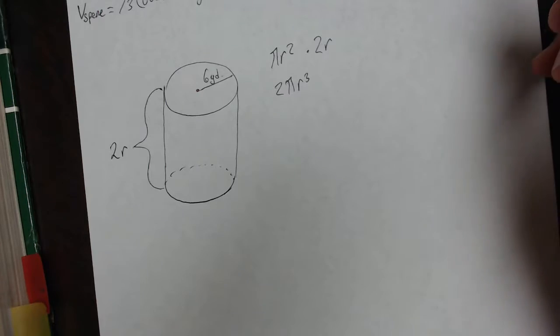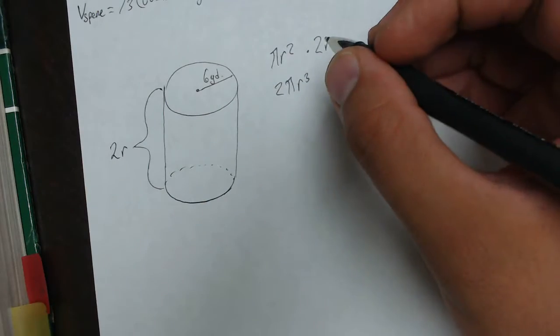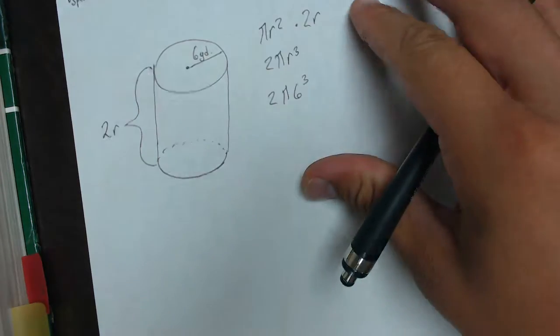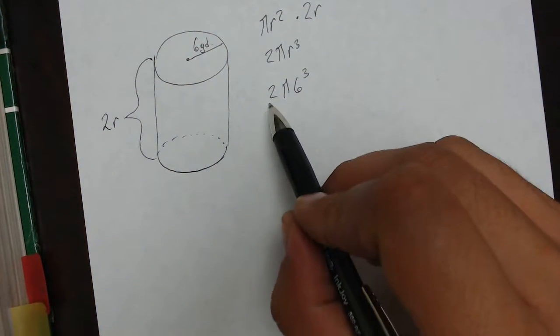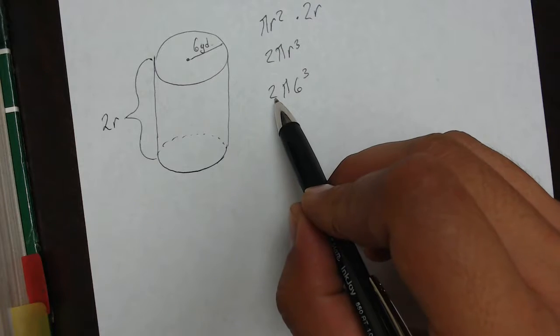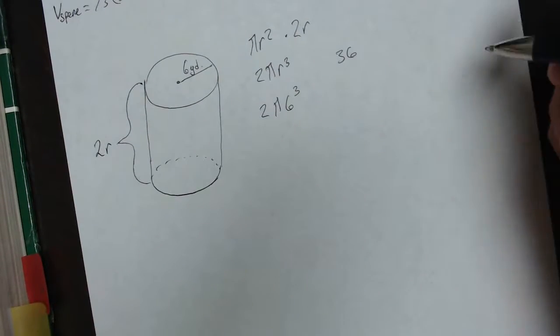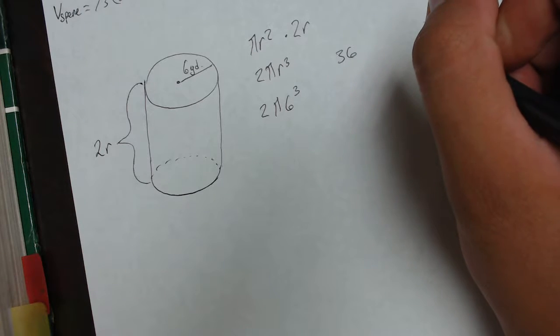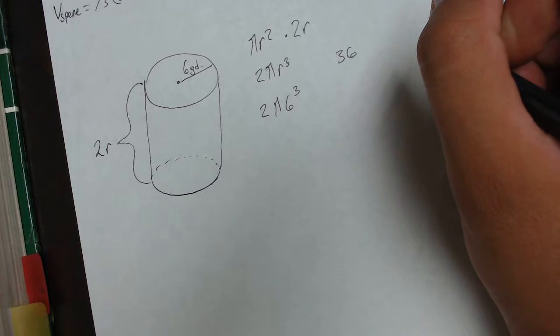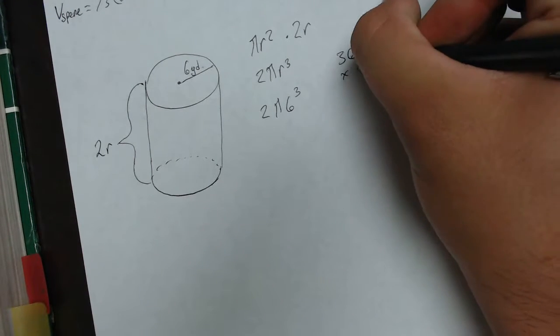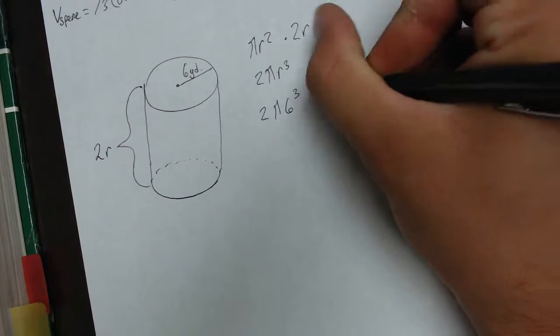So let's fill in r, which is 6. So 2 times pi times 6 cubed. From here, we don't actually have to multiply times pi. All we have to do is find 6 cubed, multiply that by 2. So 6 squared is 36, and then 36 times 6 is 216.